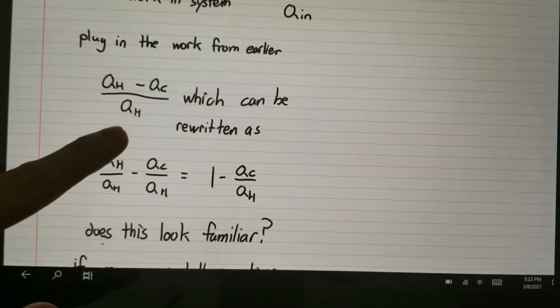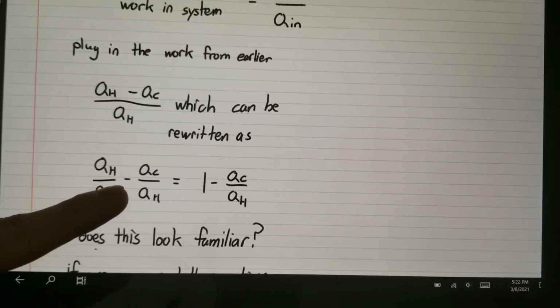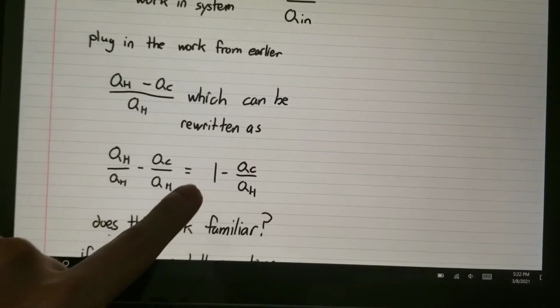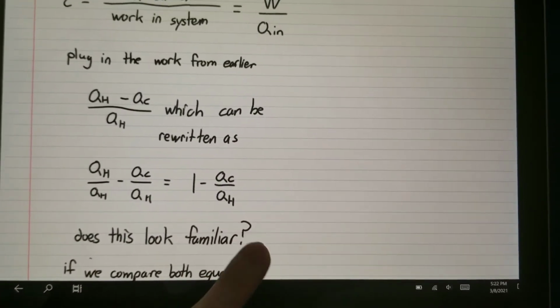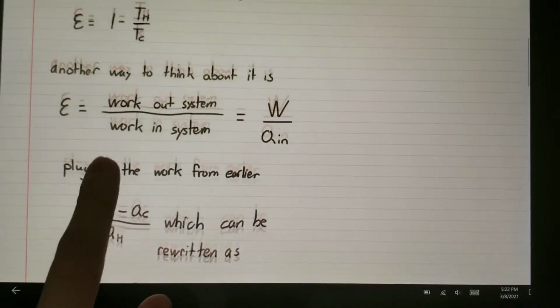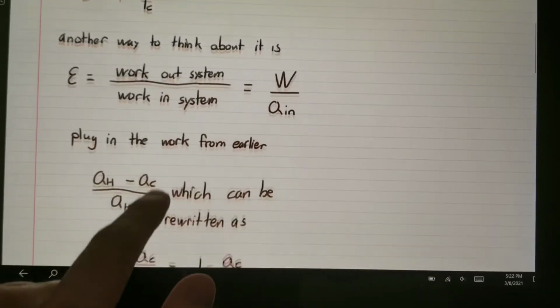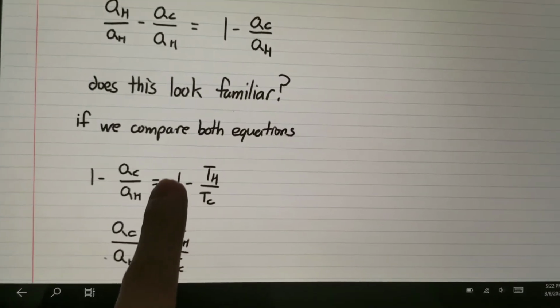Now, this can also be rewritten as QH over QH minus QC over QH. And if we simplify that out, it ends up as 1 minus QC over QH. Now, doesn't this look a bit familiar? I think coincidence, I think not. Okay, that was cheesy.